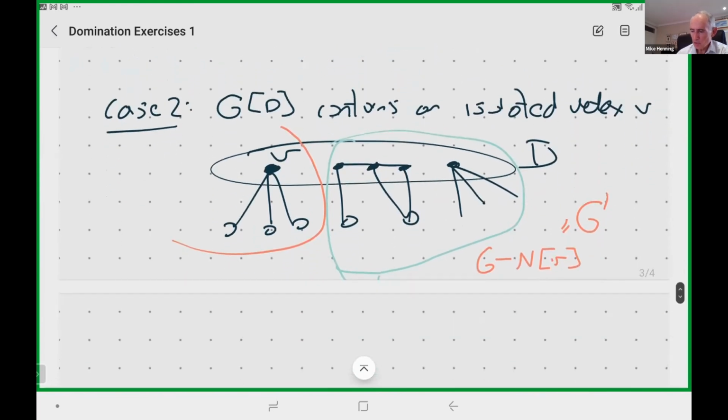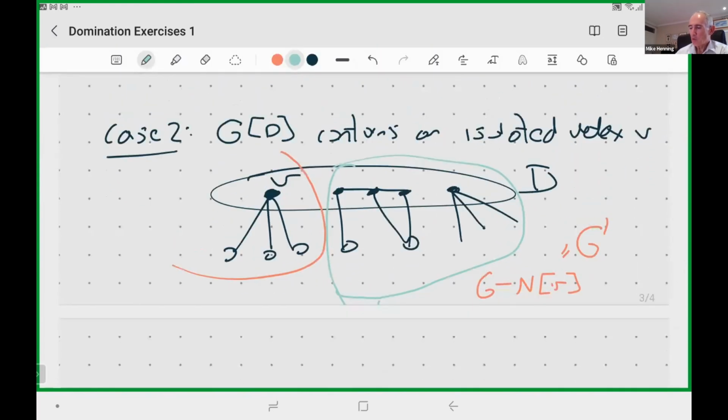So in the blue graph, we know that the remaining vertices of D, which I'm going to call D prime, where D prime is D minus V, dominate it.